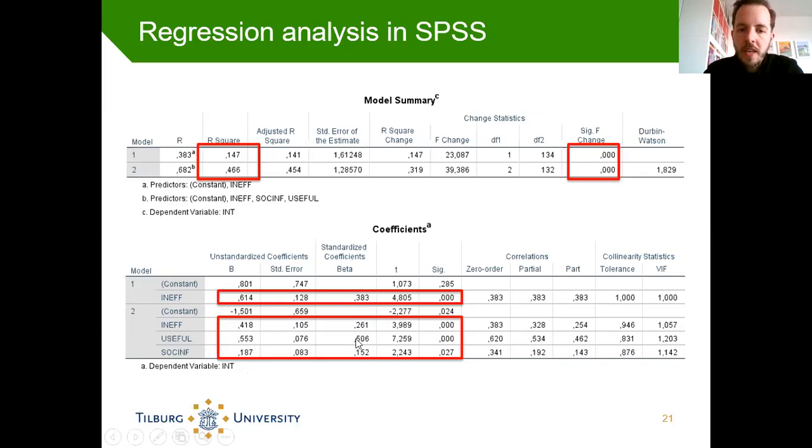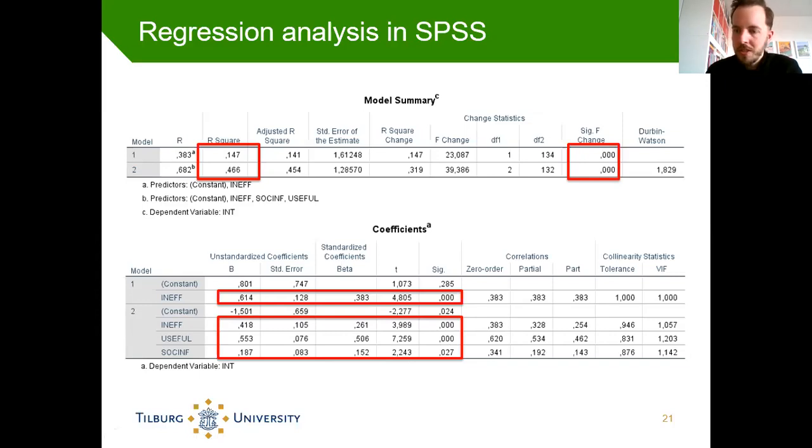Because this is the highest value. So this is the strongest predictor, then this is the next strongest predictor, and then this is the weakest predictor. This is also something you can indirectly see from the p-value, right? So this p-value is a bit higher, so that already indicates that this predictor is less strong than the other 2. Right, so this is with regards to the output of your analysis.